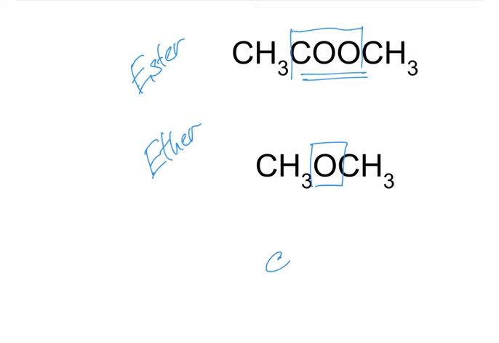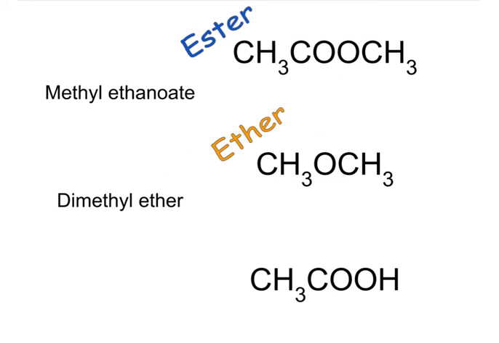What about a compound like this? CH3COOH. What kind of compound is that? I will go and highlight the functional groups of these compounds. Here is the functional group of ester. Here's the functional group of ether. And this is also the functional group of an organic acid.